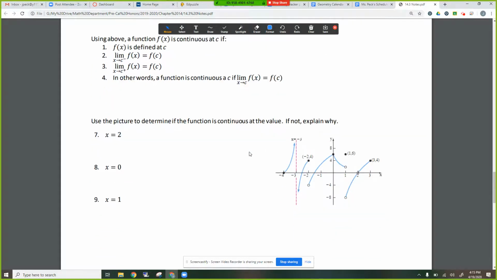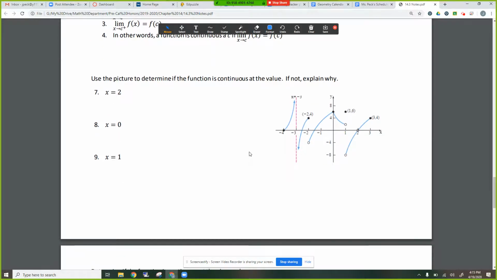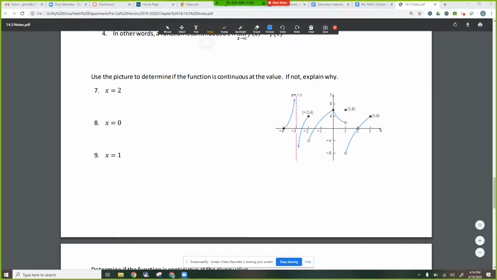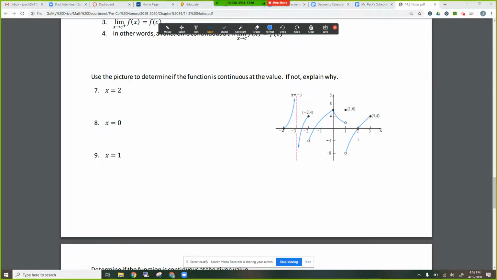Okay, so for example, in number 7, we're looking at x equals 2. Well, at x equals 2 here, there's a hole. So this would not be continuous. And on MyMathLab and on your homework, it's going to ask why.